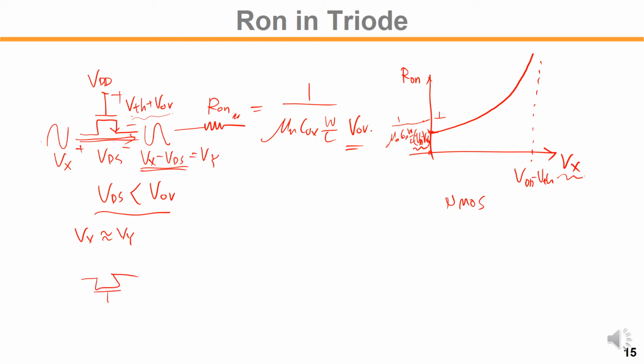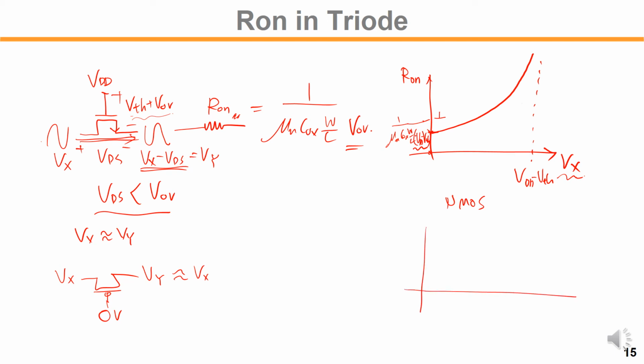Similarly, we have to make this one a switch, so we may apply 0 volts on the gate. That is the worst case, the lowest voltage available here. So Vy is almost close to Vx.